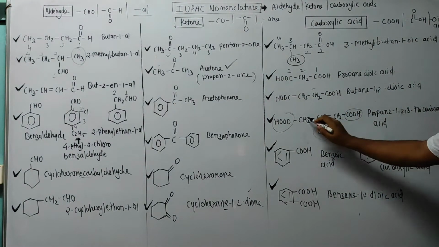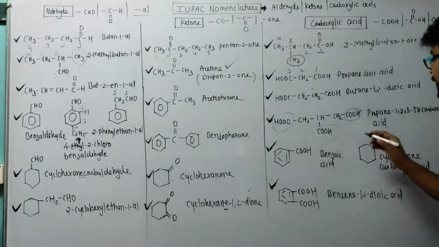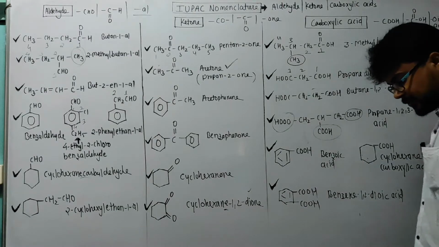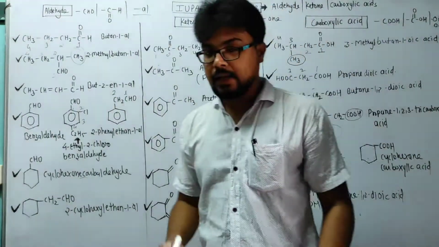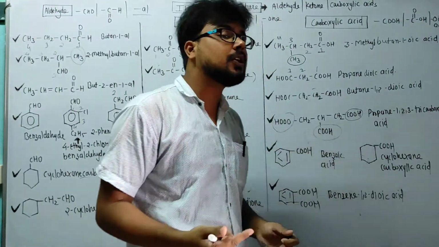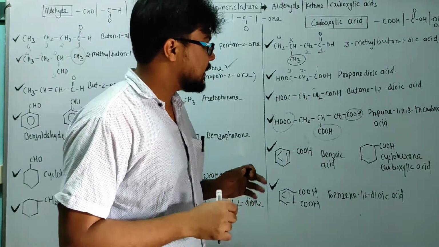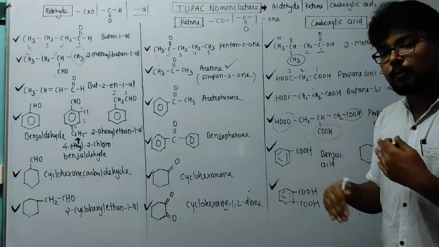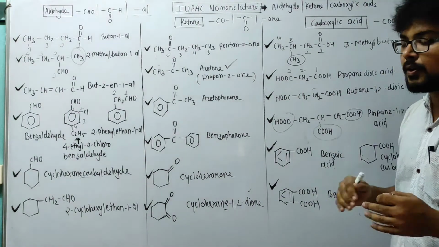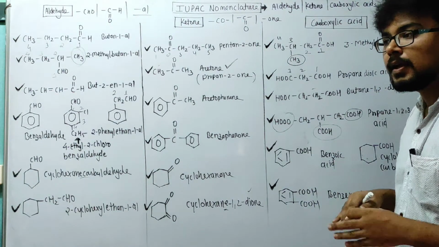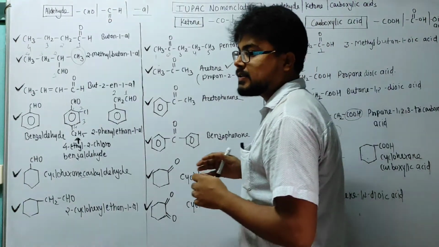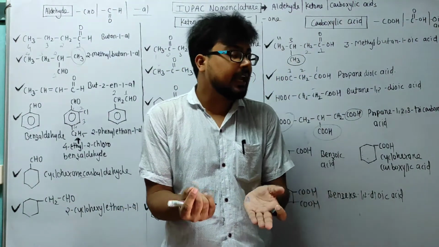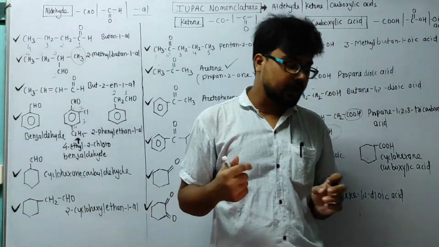It will be 1, 2, 3, not 4, 5, 6: propane 1, 2, 3 tricarboxylic acid. Remember, if more than 2 COOH groups are there, then the same thing as we did earlier, like propane dione, or butane dione, or butane 1,2-diol in the case of alcohol, if 2 OH groups are there.